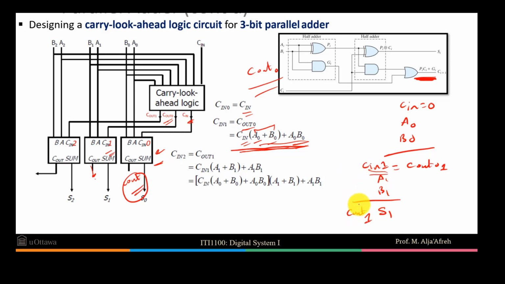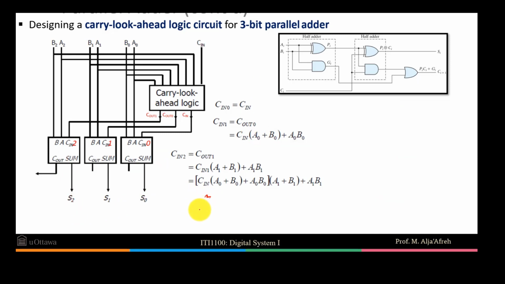momentarily. Now, Cn2 will be used with A2 and B2 to calculate the sum 2 as well as Cout 2. But how to calculate Cn2?